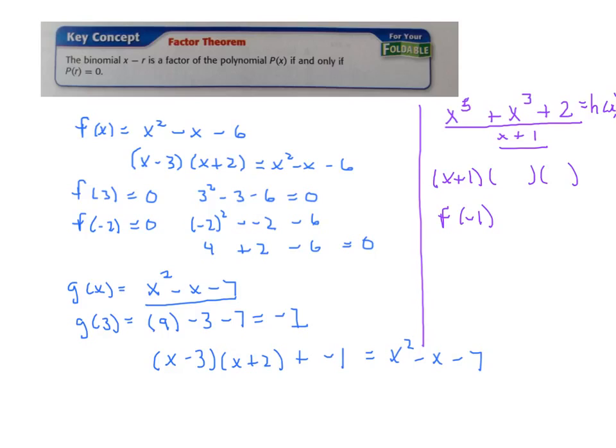So I would take negative 1 to the 5th plus negative 1 to the 3rd plus 2, which is negative 1 plus negative 1 plus 2, which of course is 0, meaning that yes, x plus 1 is a factor of h of x, and since it's a factor, that also tells us that there is a 0 at x equals negative 1. All right, let's move along, little doggies.